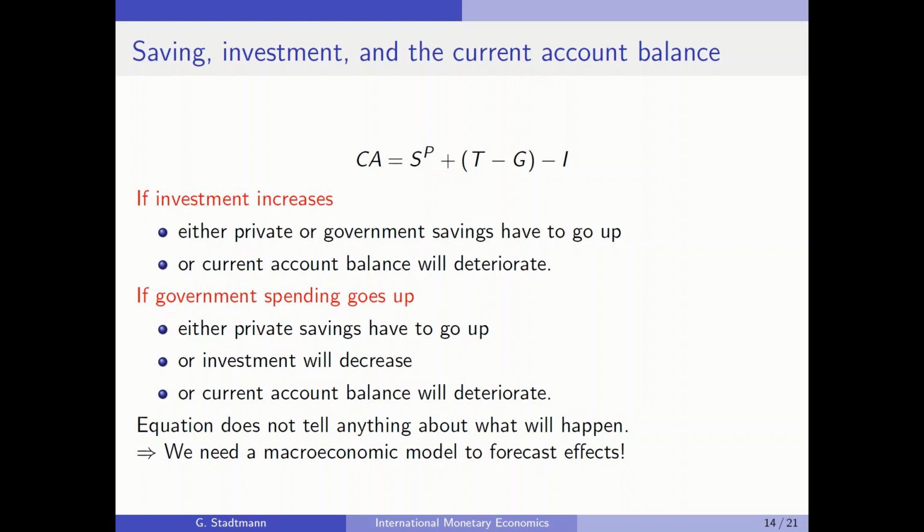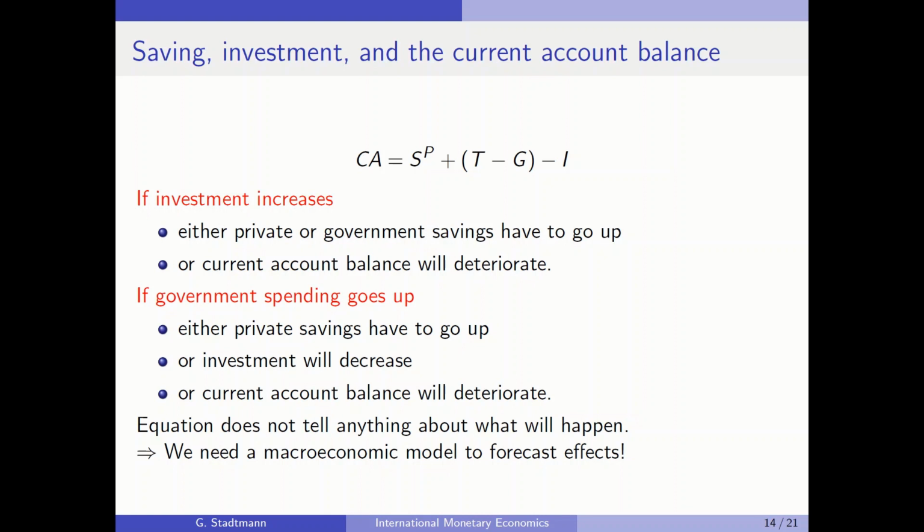Or we want to find out what happens if government spending increases. So what happens if the government increases government spending and performs an expansionary fiscal policy? This could lead to a situation where private savings increases, investment decreases, or the current account balance will deteriorate.